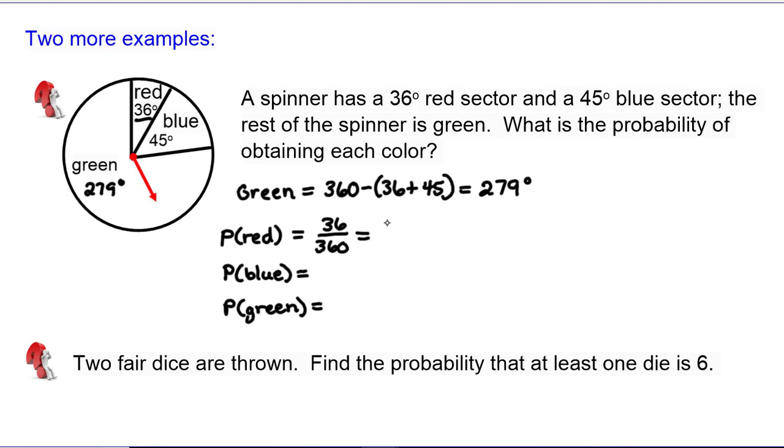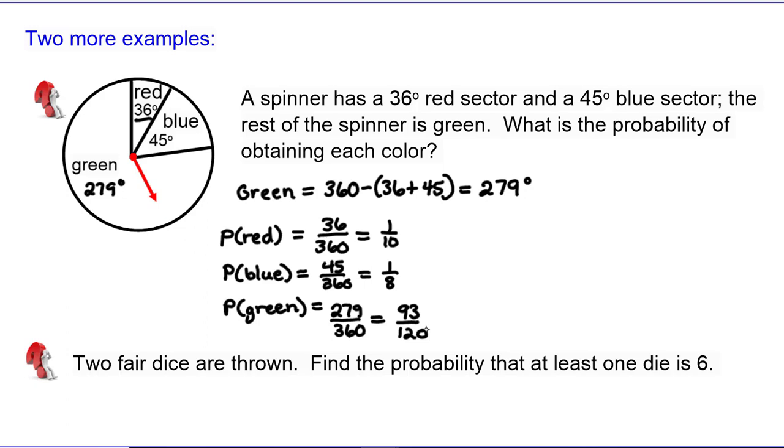And when I reduce that, that's 1/10. The blue is 45 degrees over a total of 360, and that's reduced down to 1/8. The green is 279 over 360, and when I reduce that, that reduces down to 93 over 120. All right. Okay. One more example.